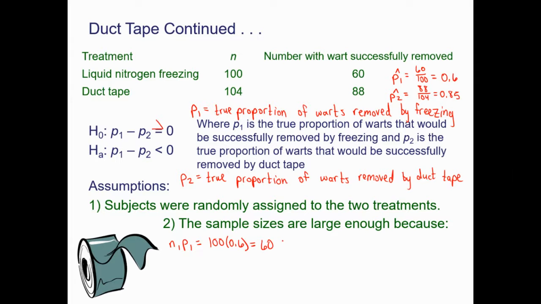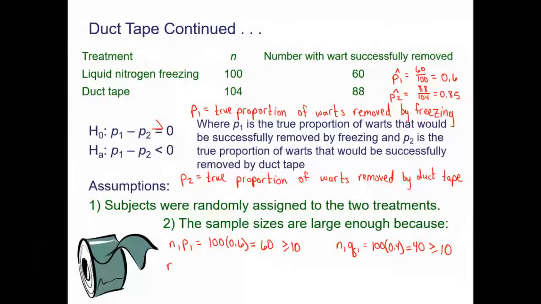Is that greater than or equal to 10? Yeah. What about N1 times Q1? So it's going to be 100 times 0.4, which is 40. Is that greater than or equal to 10? Yes. So that meets our requirements.